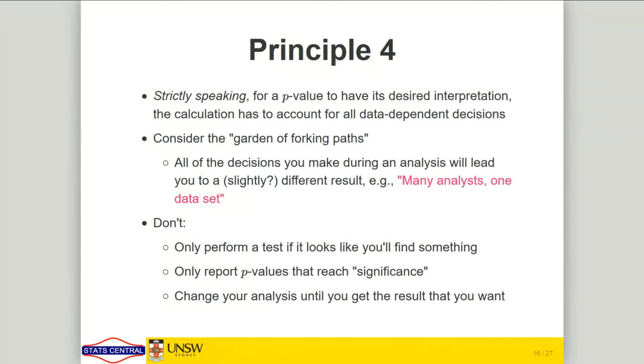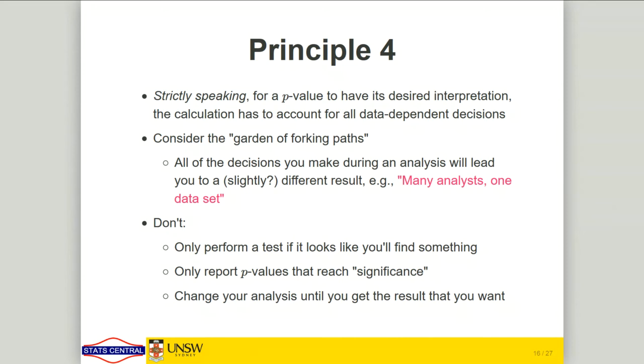So there are practices that will have more dramatic effects though. These are things that you should definitely not do, because they completely distort the properties of your p-values and could lead you to the wrong conclusion. Don't look at your data and only perform a test if it looks like you're going to find something there. Don't do tons and tons of tests and only report the ones that reach significance.